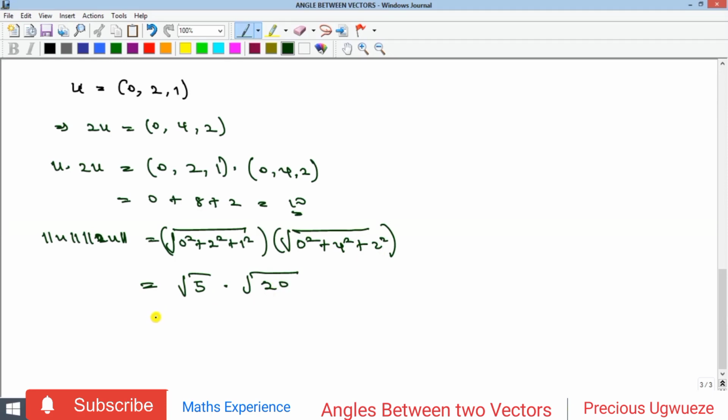Root 5 times root 20 gives the square root of 100, and that is equal to 10, which is exactly what we have here.